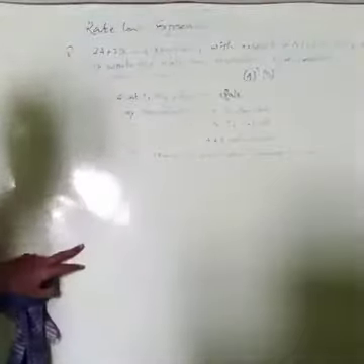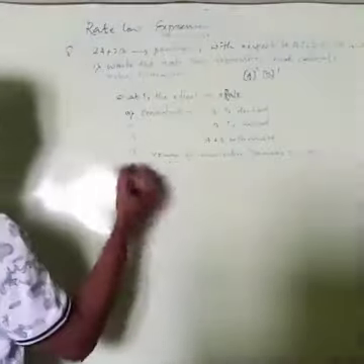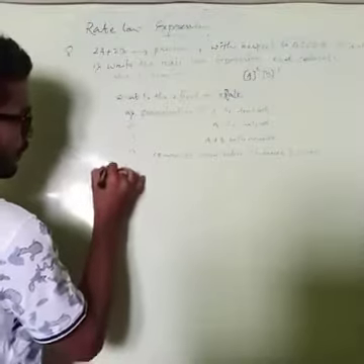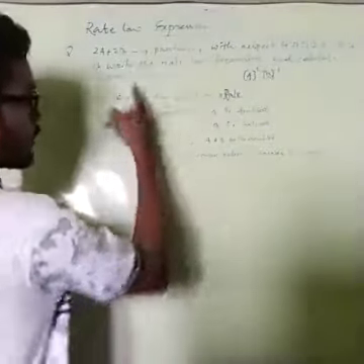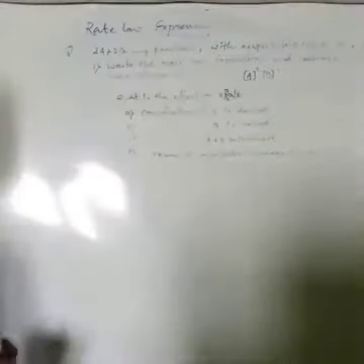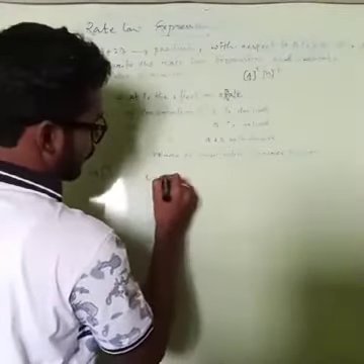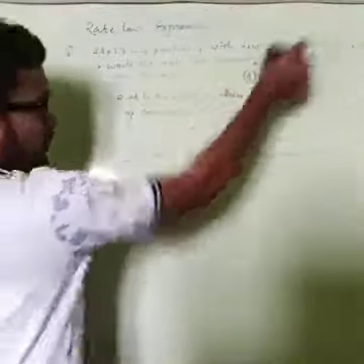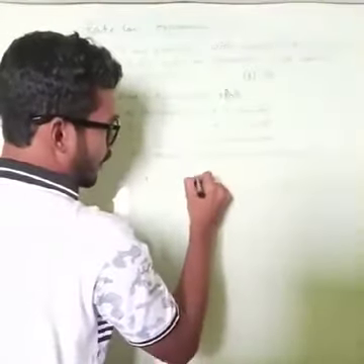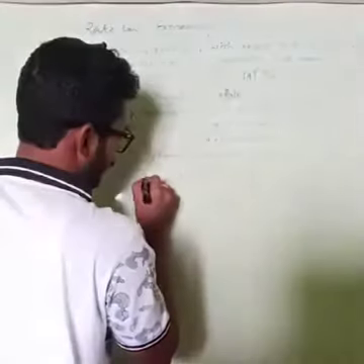Rate law expression. What is the rate law expression? R equals K A to the power 2, that is already given, and B to the power minus 1.